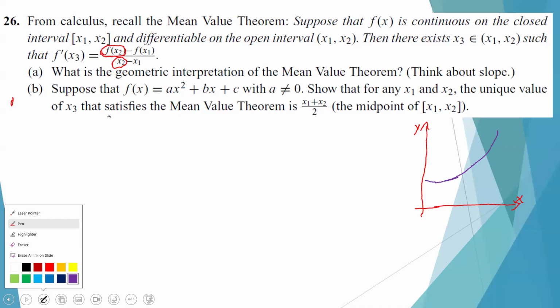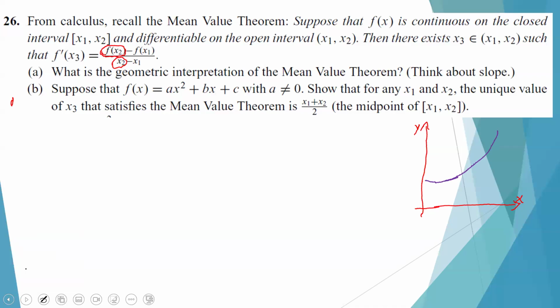So this is continuous on some intervals. Let's give it some intervals. Let's use this one. This will be x1. And then this one, this will be x2. Right? I don't care which one's which. You number it however you want to number it, because it doesn't really matter.